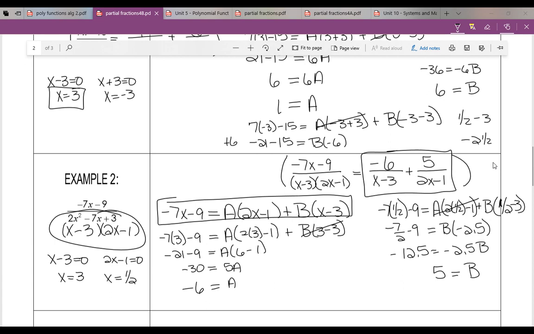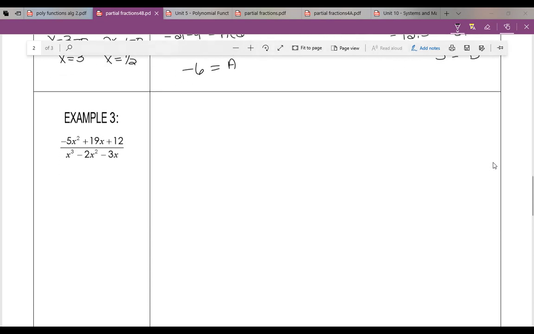Now, every denominator that we have dealt with has been linear, meaning the exponent is a 1. So in this bottom and third equation, I have a bigger denominator, but when I factor it, all the factors will still be linear. So the first thing I see is greatest common factor x has to come out because all three terms have an x.